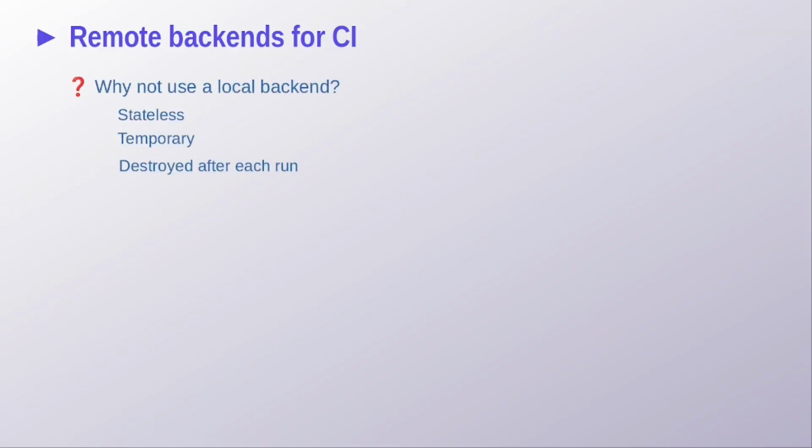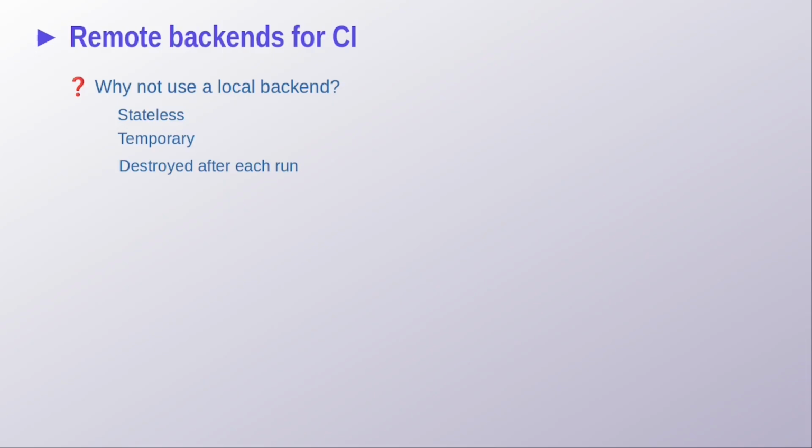Remote backend for CI. Now let's talk about the Terraform state. Why not use your local backend? Because a CI runner is stateless and temporary, destroyed after each run. That means local state is lost. No shared changes, no locking.